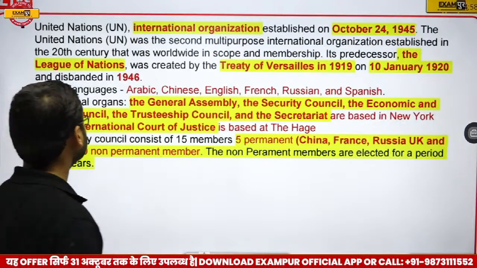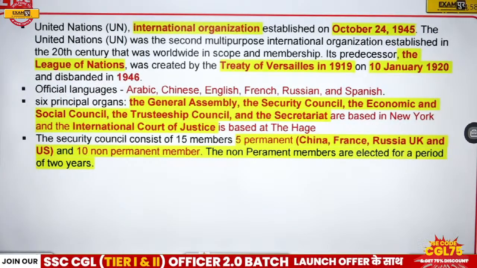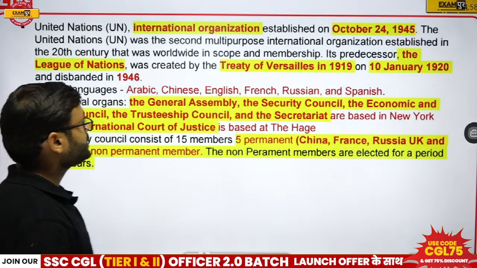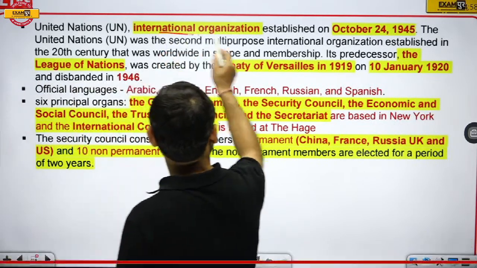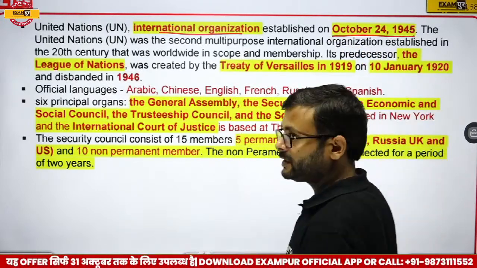We have more explanation in this slide. The United Nations, as discussed, is an international organization established on 24th October 1945.